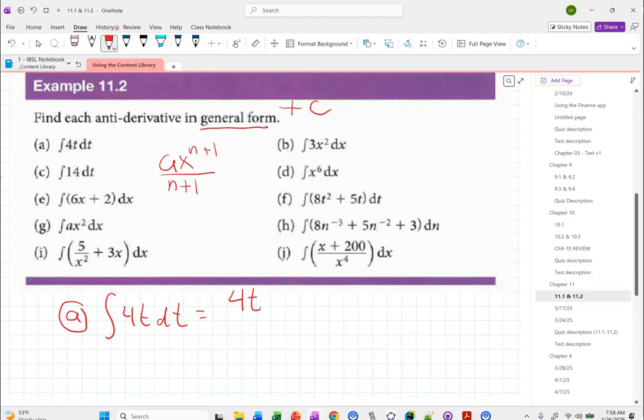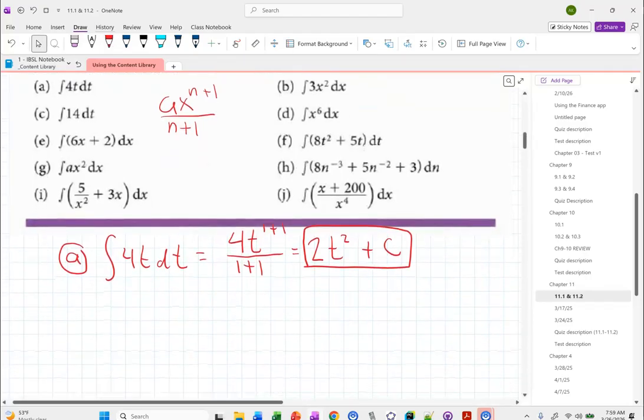My variable is t. Its exponent is 1, so I'm going to add 1 to the exponent and then divide by that new exponent. And when I reduce, then I have 2t squared plus c. You guys feel okay on that? All right, let's do another.